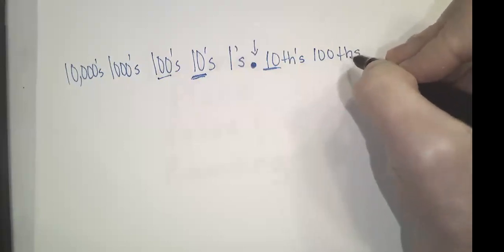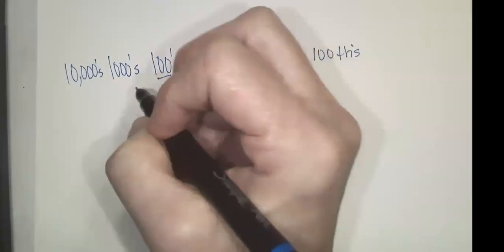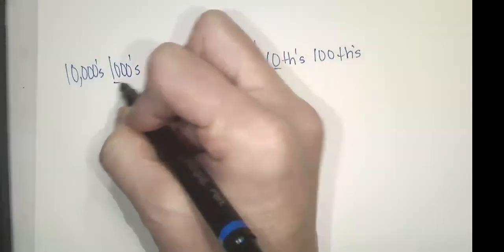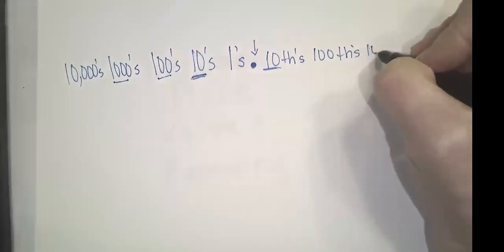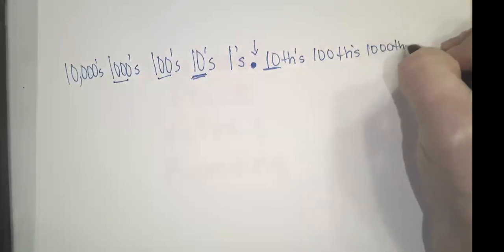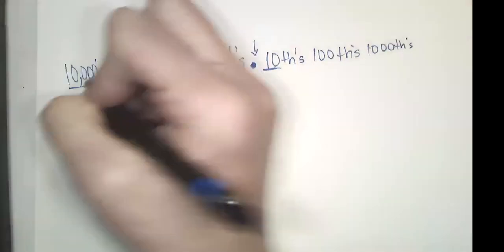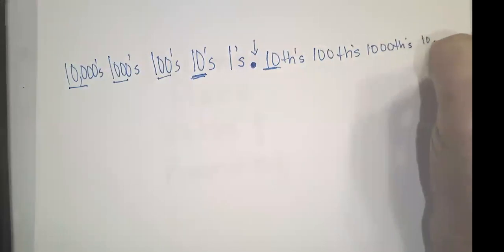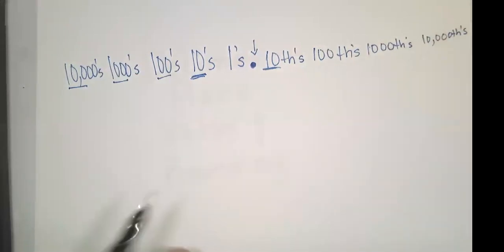Okay? And we're going to continue that way. Instead of the thousand, it's going to be the thousandths. And instead of the 10,000s, it's going to be the 10,000ths. If you could start your lesson by labeling these place values, it will make your lesson a bit easier.